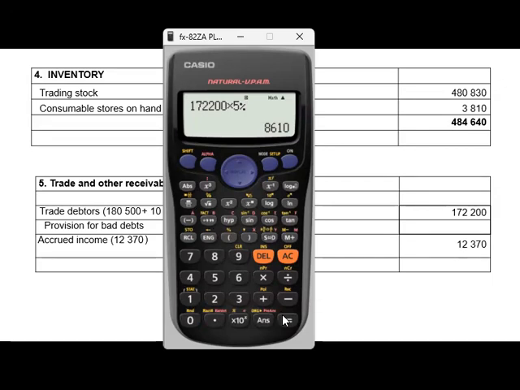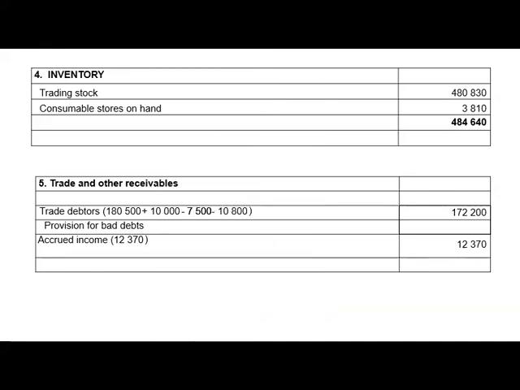That 8,610 is the final provision. And the final provision that you calculate, or the final provision that is given to you in the adjustments, is the one that you are going to record right here in your trade and other receivables note as provision for bad debts. And then you will subtract that from your trade debtors to determine your net trade debtors.